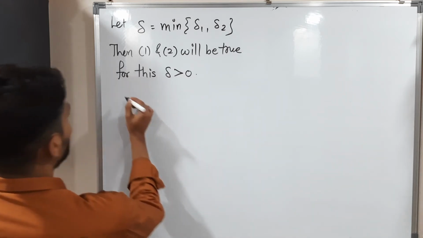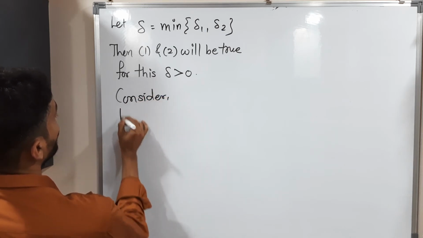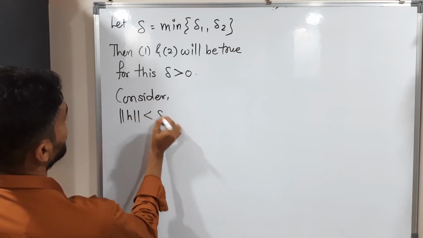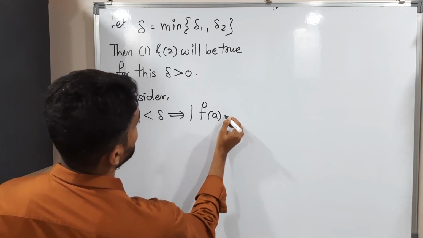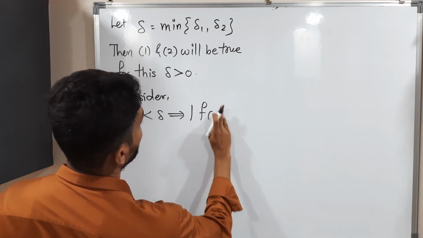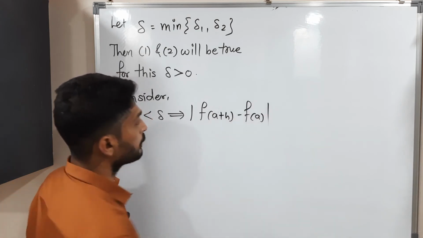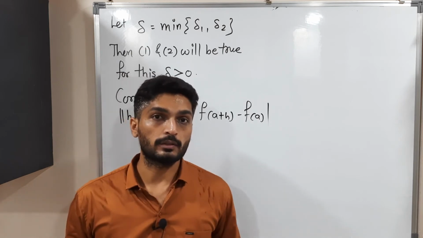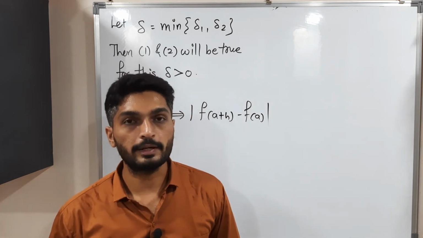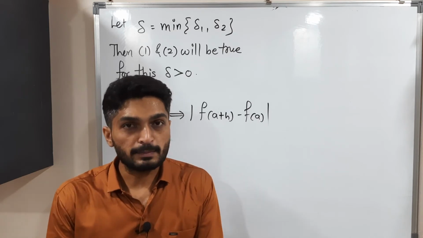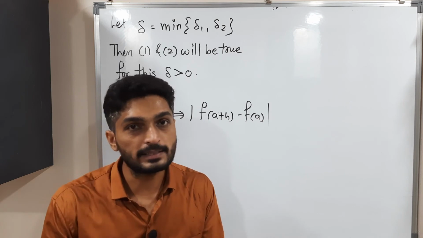For that purpose I am going to consider norm h less than delta implies mod f of a plus h minus f of a. We have to prove this is less than epsilon, then we can say f is continuous at a. Let us do a small adjustment: I am going to add and subtract T of h.